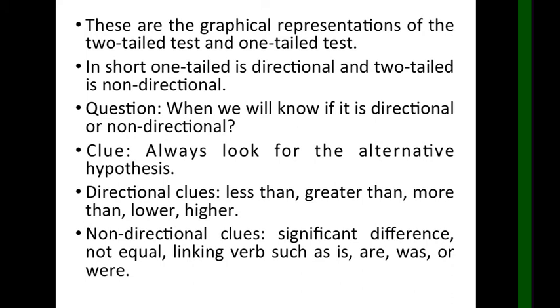So, tignan mo lagi yung alternative hypothesis. Pag meron siyang less than, greater than, directional siya. So, pag directional siya, ibig sabihin siya ay one-tailed. Pag naman non-directional yung nakita mo kasi meron siyang significant difference, two-tailed siya.